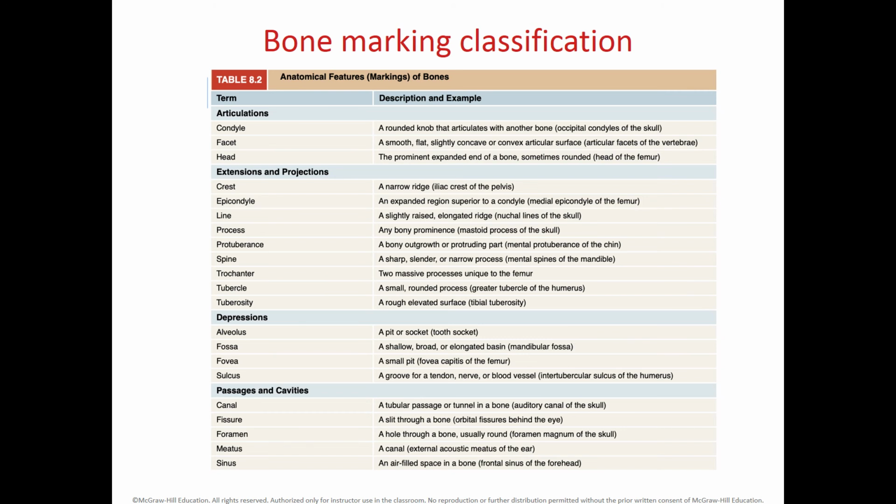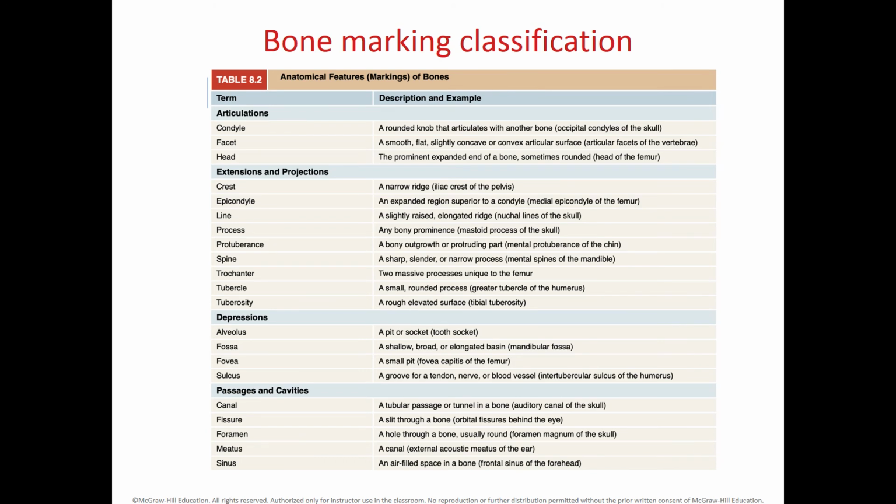And these are the markings that help to form articulation. So we have a condyle, which is a rounded projection that will articulate with another bone, usually with a depression that we call a fossa. Now, another marking that helps to make articulations will be the facets.